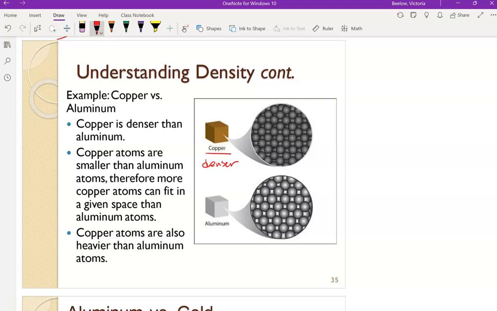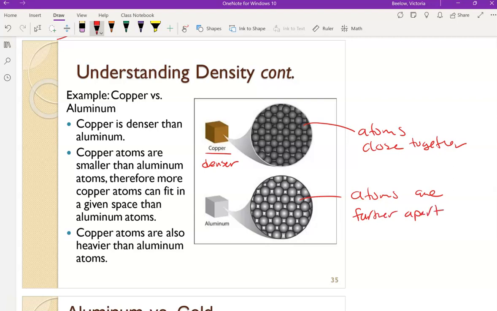And you can see, because these atoms are close together, versus you can see here, these atoms are farther apart. Kind of like the same idea that we talked about with solid, liquid, and gas. We're just comparing two solid metals to each other.